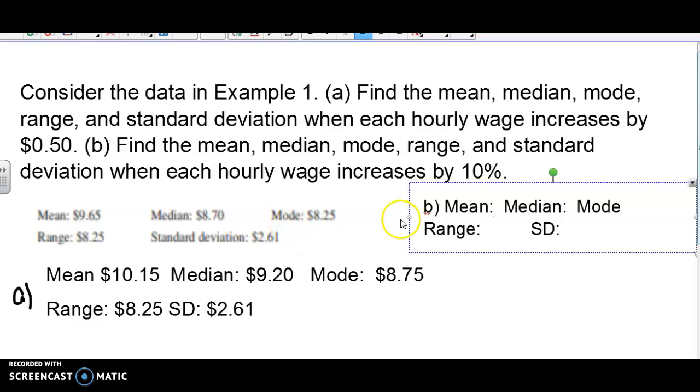So this would become $10.62. The median, when you do 8.70 times 1.1, you get $9.57. For the mode, you would do 8.25 times 1.1, which is around $9.08.